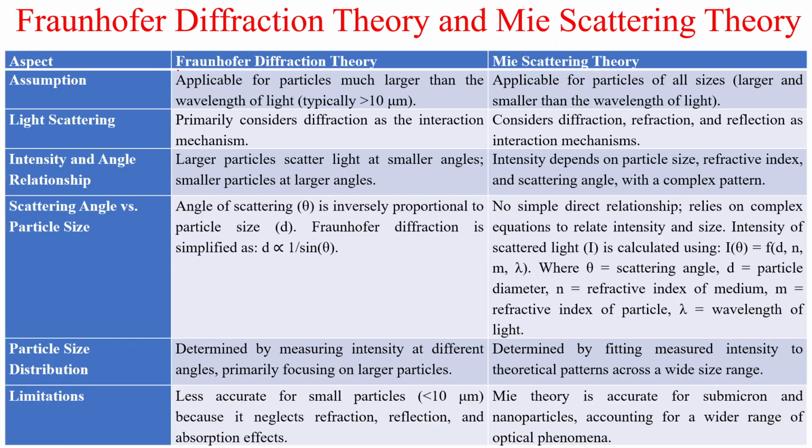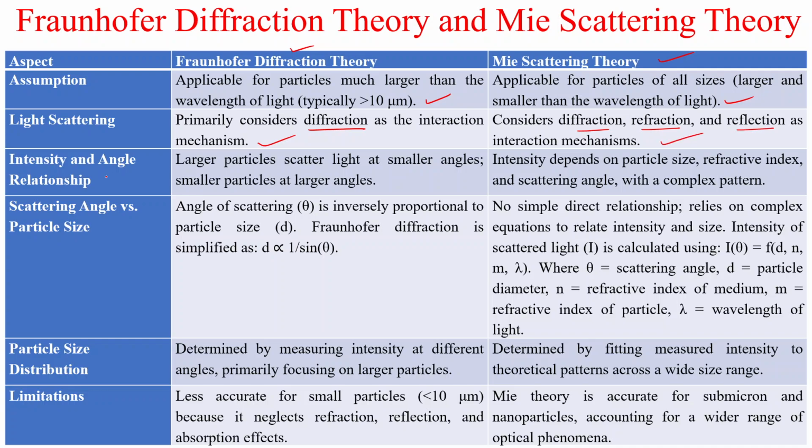Now if we compare Fraunhofer diffraction theory with Mie scattering theory, Fraunhofer is applicable for particles much larger than the wavelength of light, that is greater than 10 micrometer, whereas Mie is applicable for particles of all sizes, larger and smaller than the wavelength of light. So Mie scattering has more scope, which is why this theory is mostly applied in the instrument. Fraunhofer primarily considers diffraction as the interaction mechanism, whereas Mie considers diffraction, refraction, and reflection.